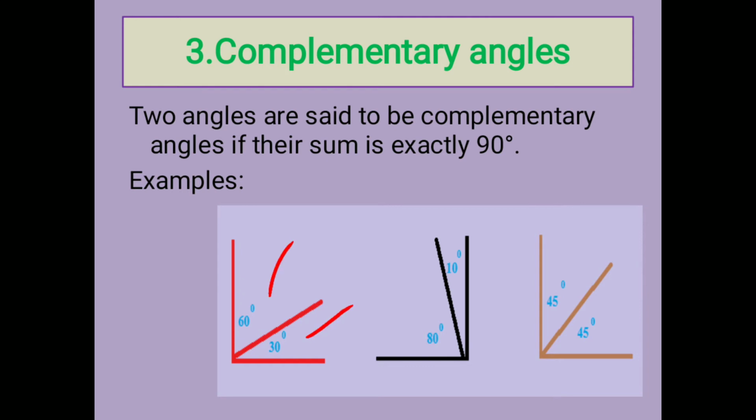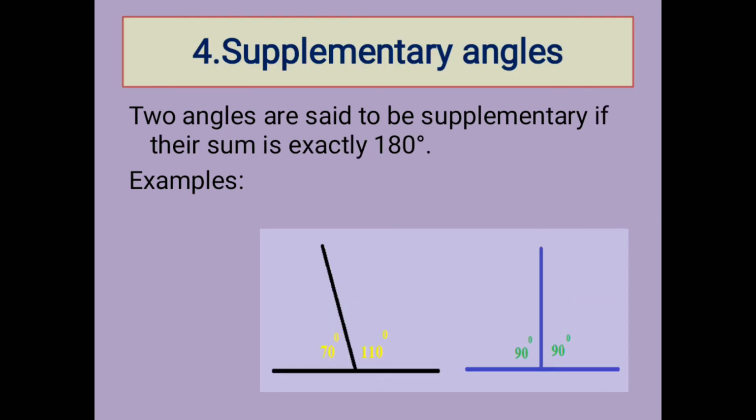Let's go to supplementary angles. Similar to complementary angles, two angles are said to be supplementary if and only if the sum of those two angles is exactly 180 degrees. The figure makes it clear.